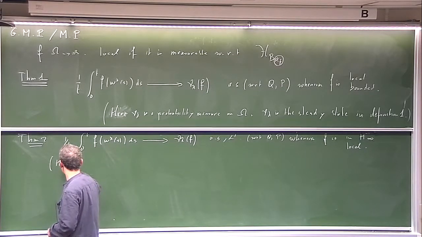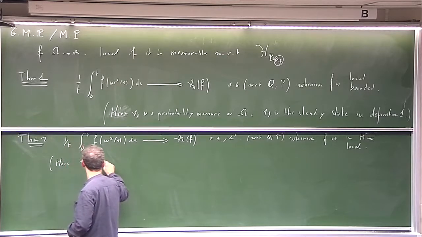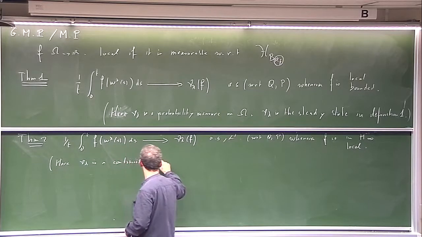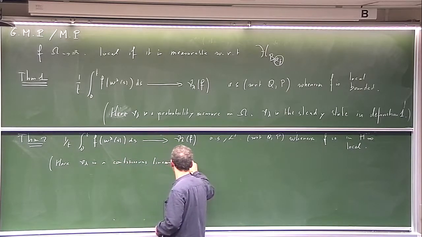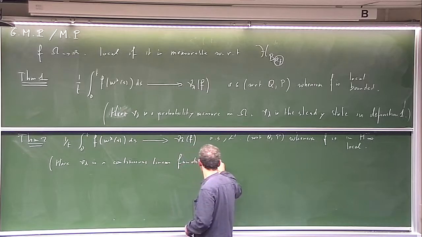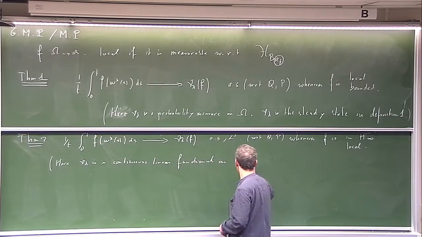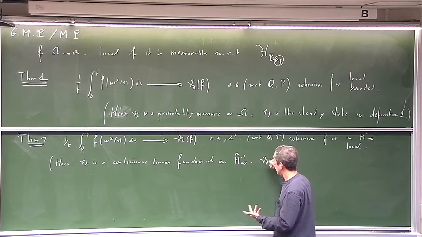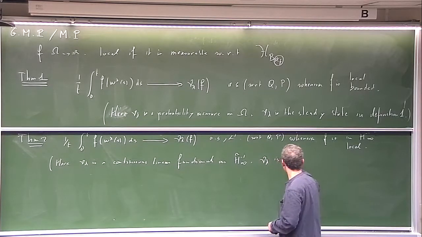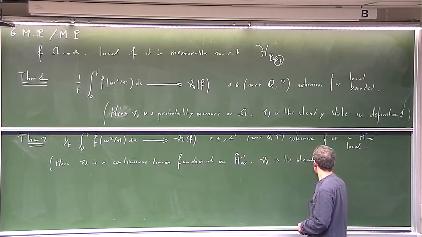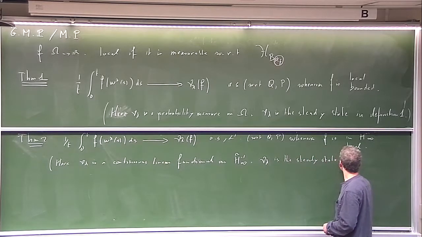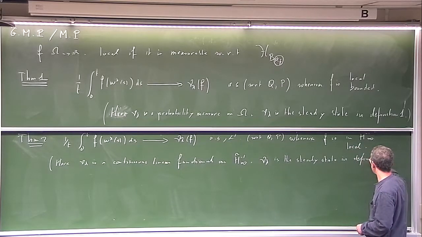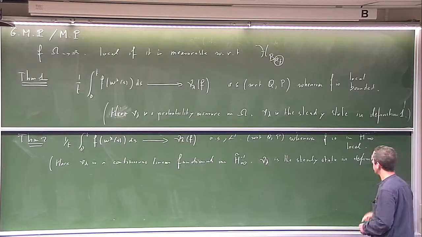So here, now, nu lambda is a continuous linear functional on H minus 1 infinity tilde. And that gives a steady state. So nu lambda is a steady state in the sense of definition 2. Okay.